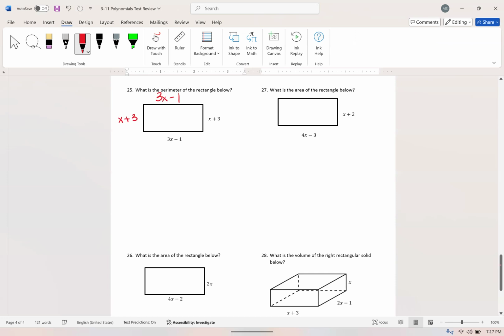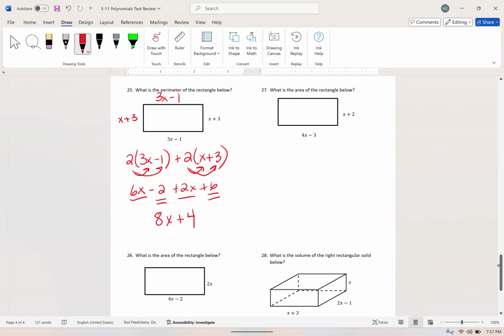You can also recognize that this is two 3x minus 1s, and this is two x plus 3s. So if I distribute, I get 6x minus 2, and then 2x plus 6. So 6x plus 2x is 8x, negative 2 plus 6 is 4.